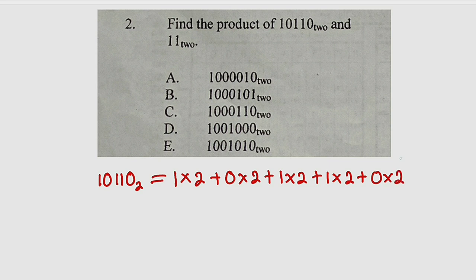Then you assign index from 0, 1, 2, 3, 4. Always start with the last number. Then let me group them like this.